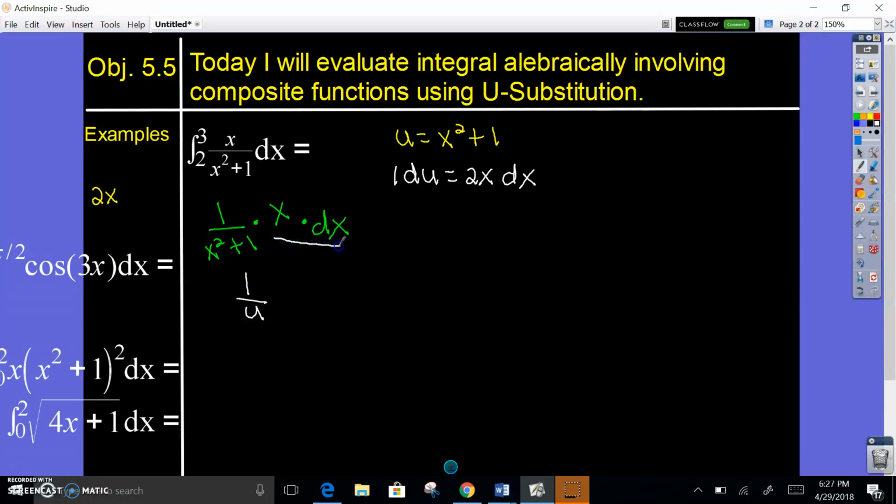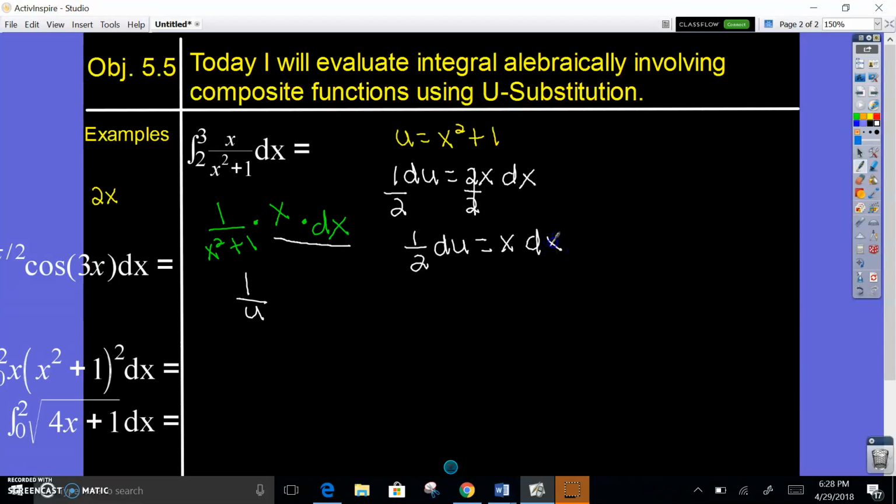And this x dx, I need to make sure that I have something to replace that. Now, I do have a 2x dx, but this isn't 2x dx, it's just x by itself. So something we can do is divide both sides by 2. And so that gives us 1/2 du equal to x dx.